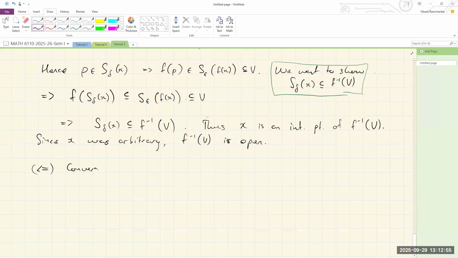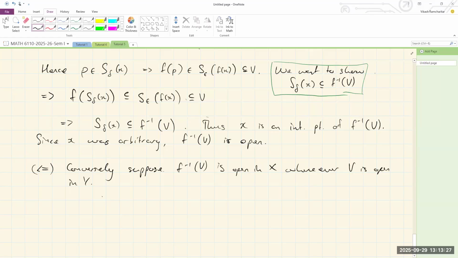Conversely, I could say, suppose that the preimage of V is open in X whenever V is open in Y, right?